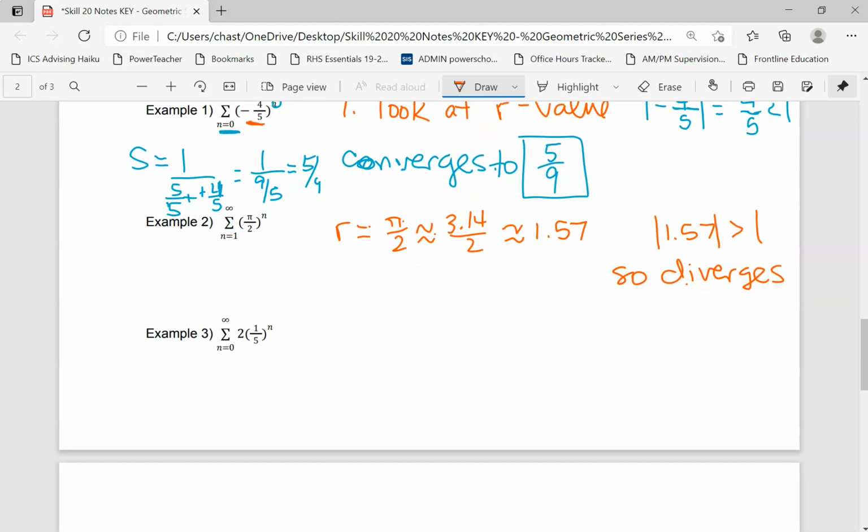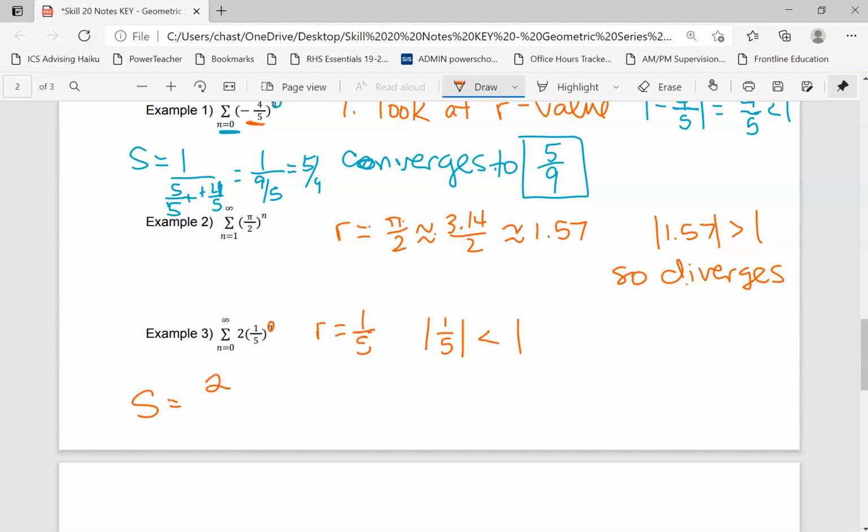On this next one, we have 2 times 1/5 to the n, r equals 1/5. The absolute value of 1/5 is less than 1. So this will have a sum. So we're going to find our first term, plug in 0 here. So we have 2 times 1/5 to the 0.